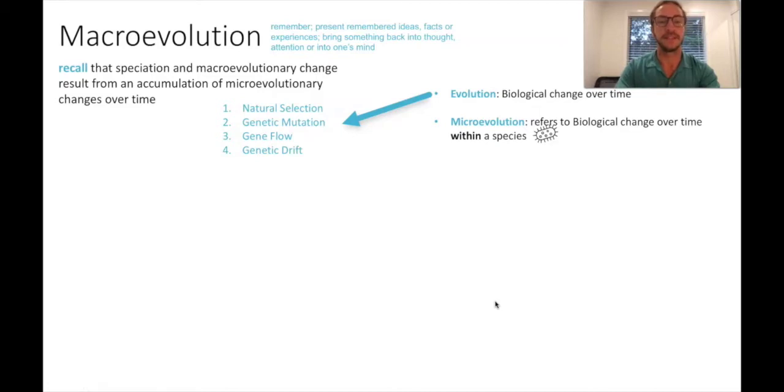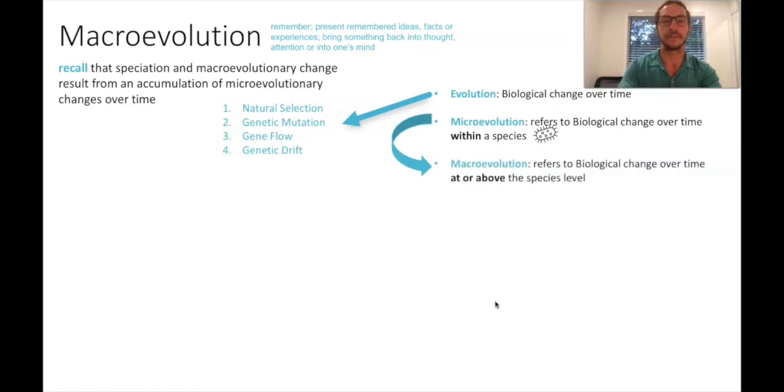Microevolution is said to lead to speciation. That is how we saw last week the development of a new species through a couple of different modes. The three main being allopatric, sympatric, and parapatric. So speciation through microevolution is said to be what provides the raw materials, as in drives macroevolution.